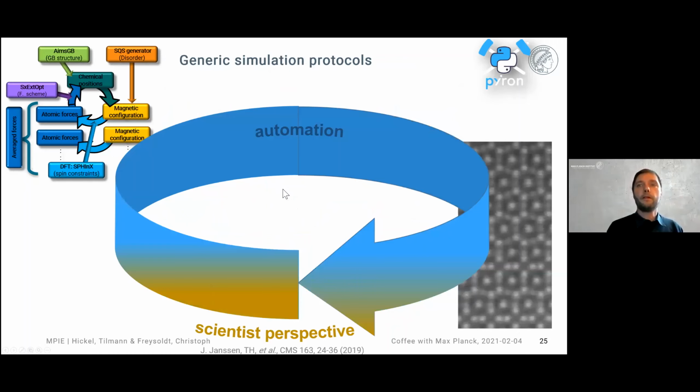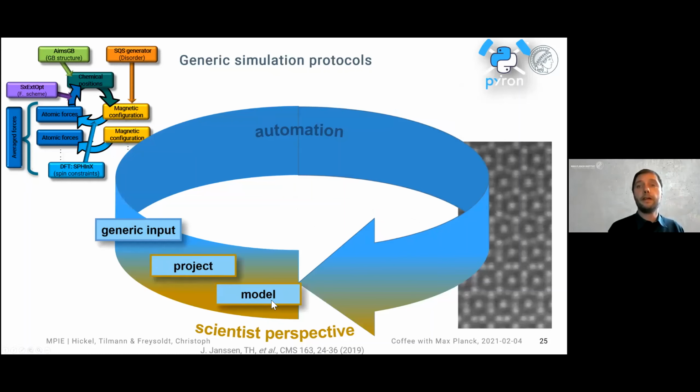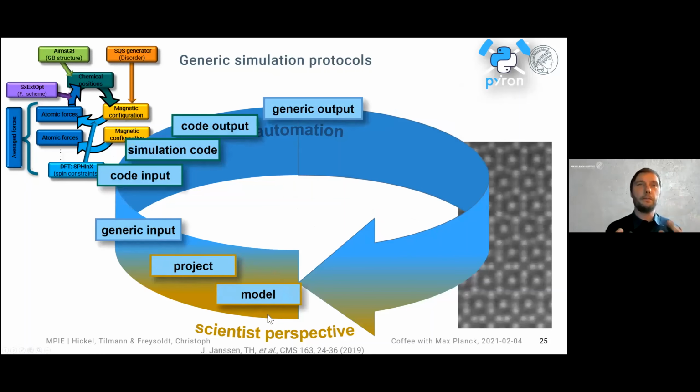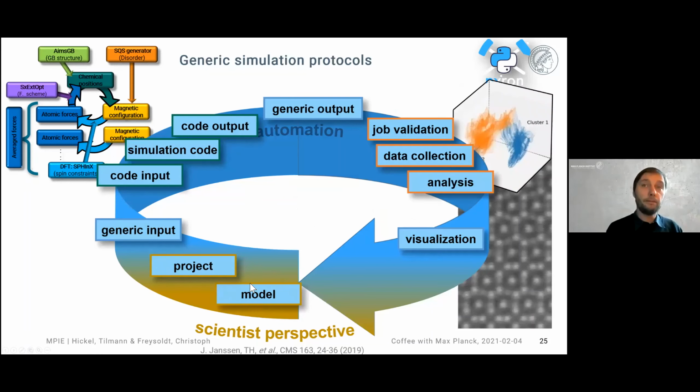Yeah, so it means we are speaking about generalized, generic simulation protocols where a user thinks about a certain materials model, thinks about a project in order to analyze this model, and then this project has some generic input and output, but also code-specific interaction with all the different codes.